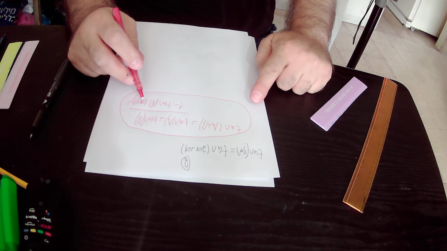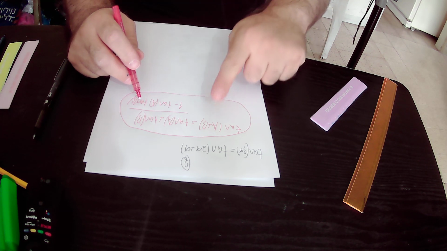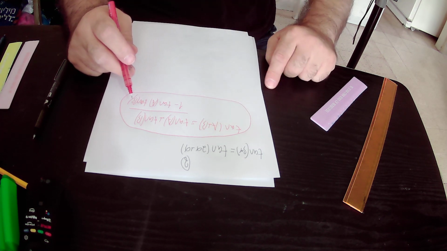So we will use this trigonometric identity in order to find the value of tangent of 2 alpha plus alpha.